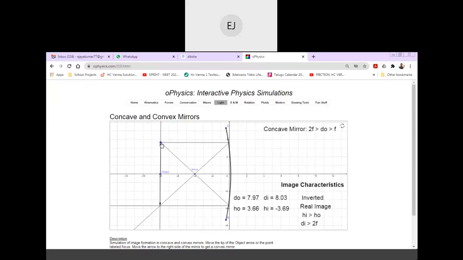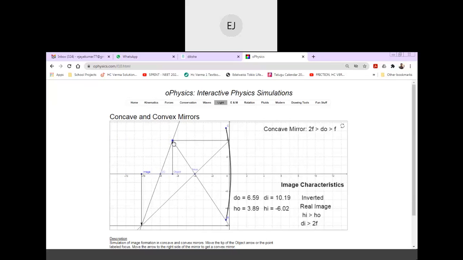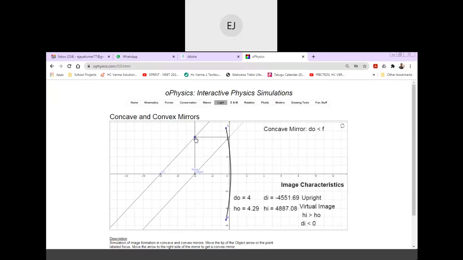Number 3 experiment, between center of curvature and focus. Number 4 experiment, at focus. Number 5 experiment, in between focus and pole. So these 5 simulation experiments you have to practice now, and you have to send the screenshots right now. Sir, please send the link once more. I am sending it now, from my laptop.